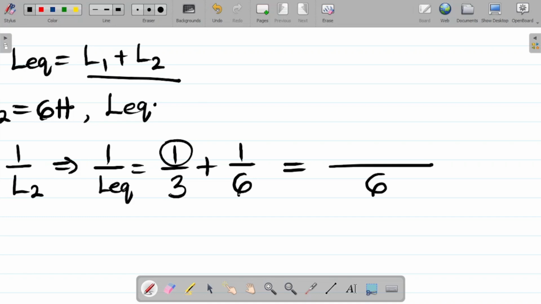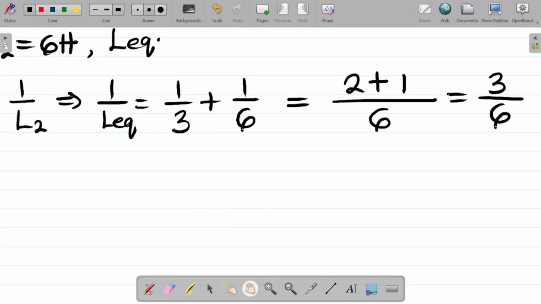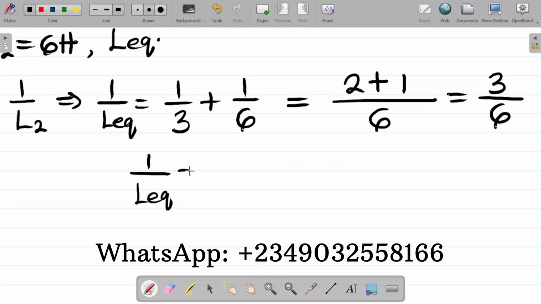That's 2. So it becomes 2 plus 6 divided by 6, that's 1, times the 1 upward there. That gives you 1. All right, so this is how you solve this fraction here. And this will be equal to 2 plus 1 is 3 all over 6. So from here, we can see that 1 all over the equivalent is equal to 3 over 6.